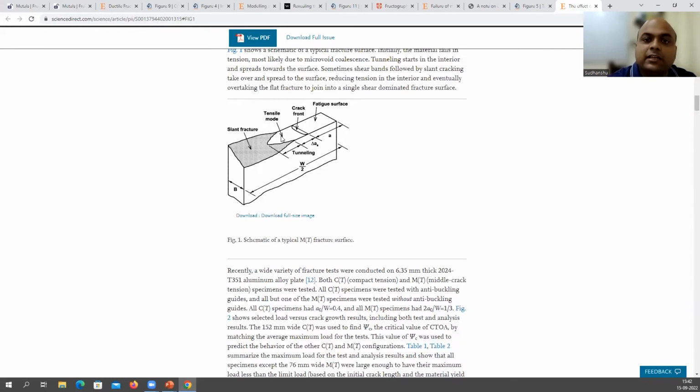So void nucleation and growth becomes easier when you have triaxial stresses, or the plane strain condition which exists inside the specimen. Okay, so the crack profile looks like this, where the crack length is higher at the center and it is the lowest at the surfaces. Okay, and this is what the tunneling effect is all about.